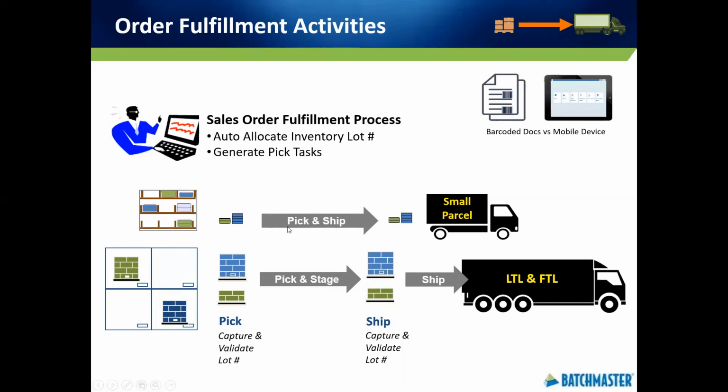In this particular case, a lot of times small parcel will just pick up their packages in their designated area. So we may just want to pick and ship it. In other cases, like an LTL or full truckload, we may want to pick it and stage it and then do an additional step of actually loading and shipping that product into the truck itself.